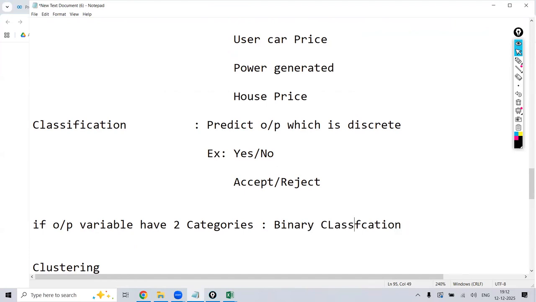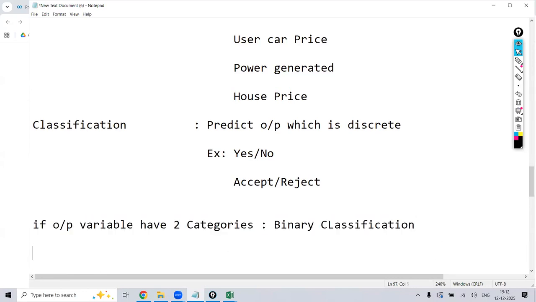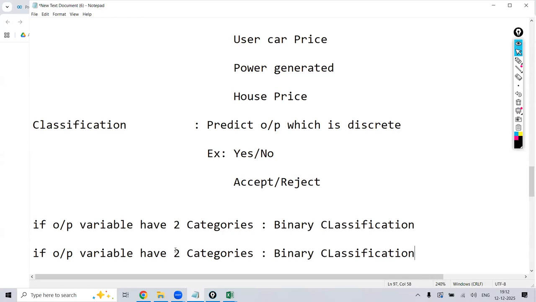If the output variable consists of more than two categories, it is called a multi-class classification project.